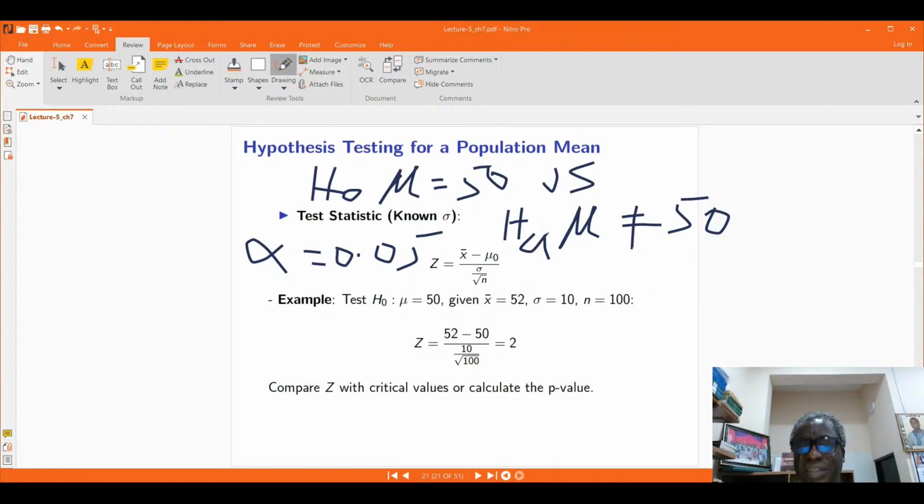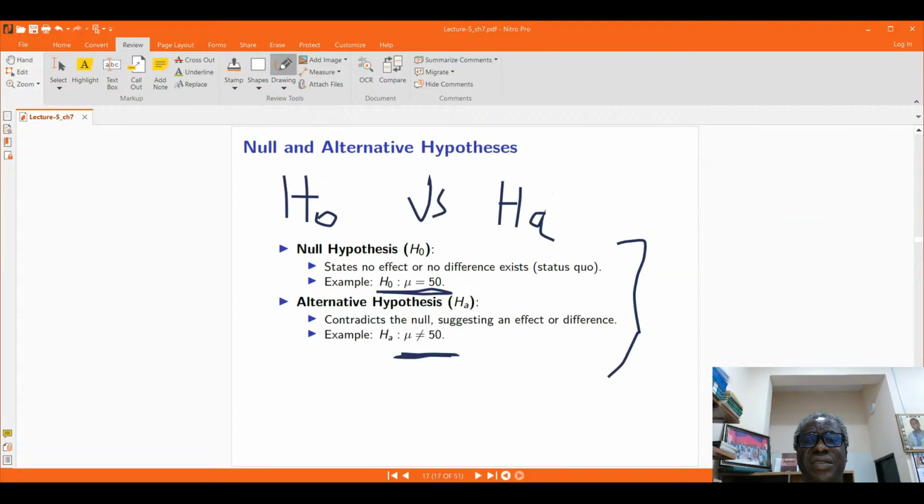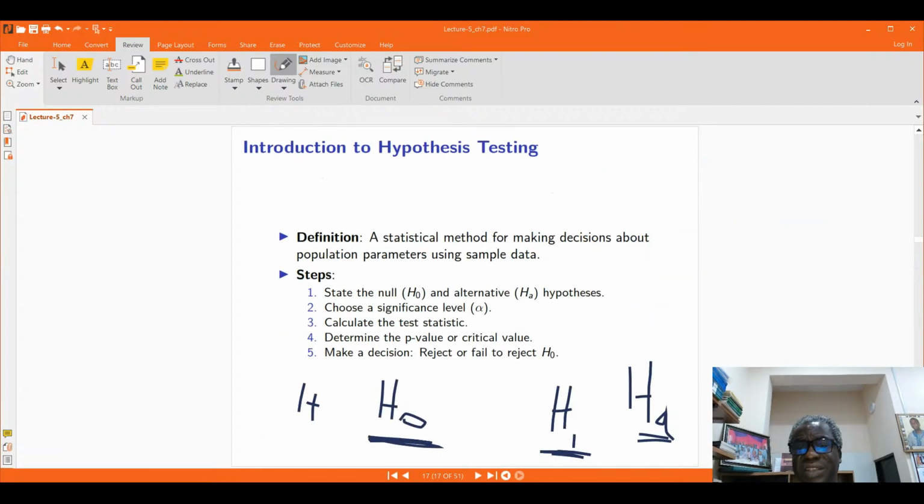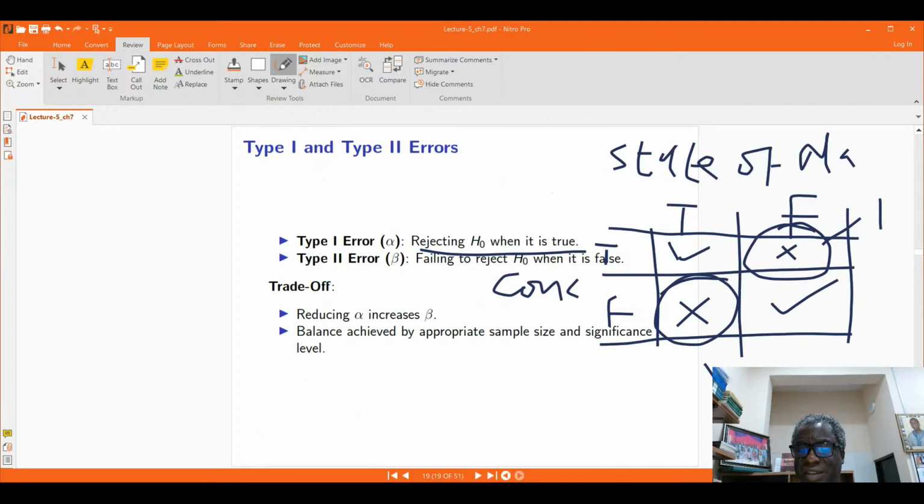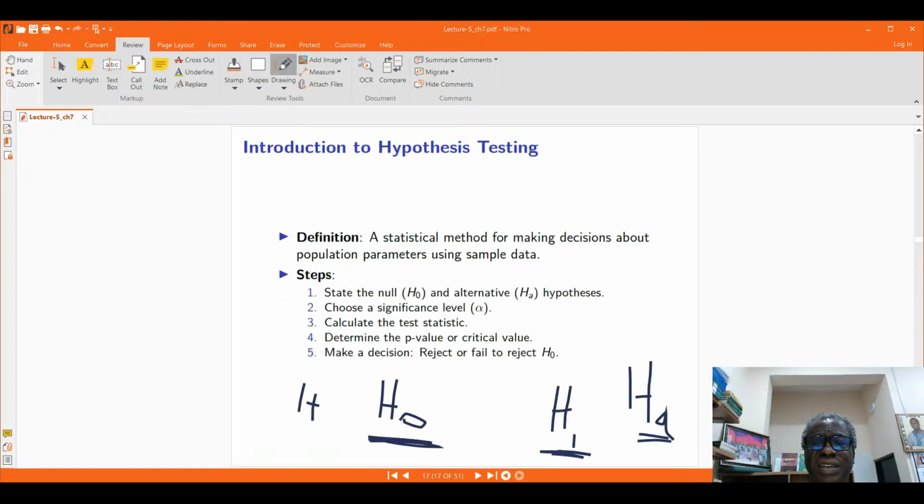Then the next thing is to calculate the test statistic. That is the third step here. We have done this. The next thing is to calculate the test statistic.